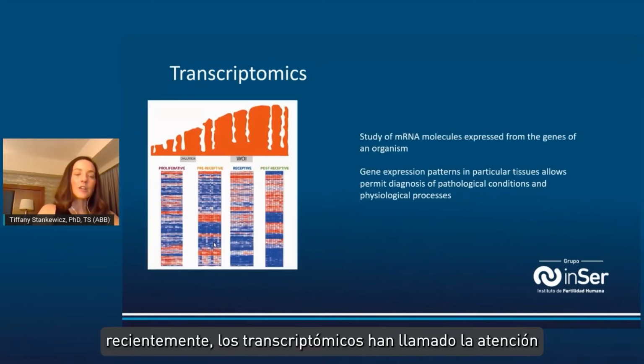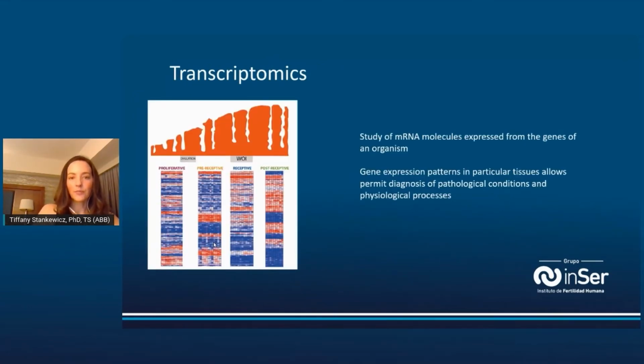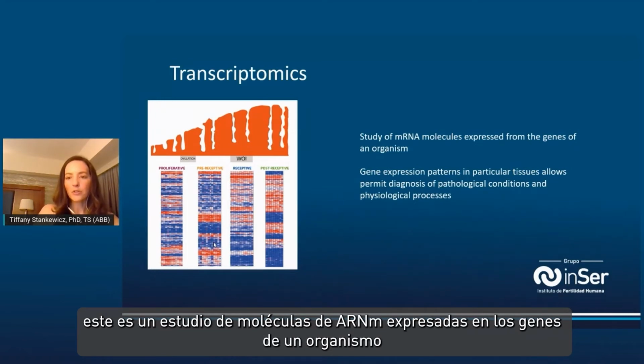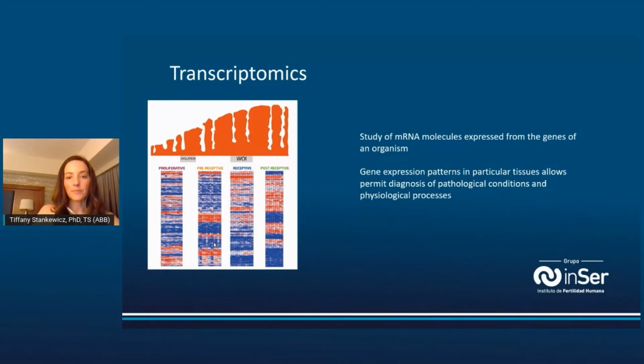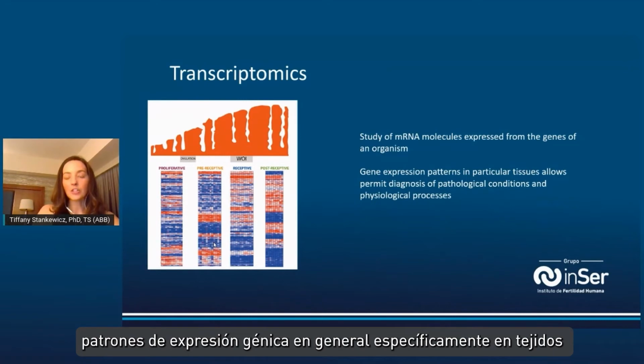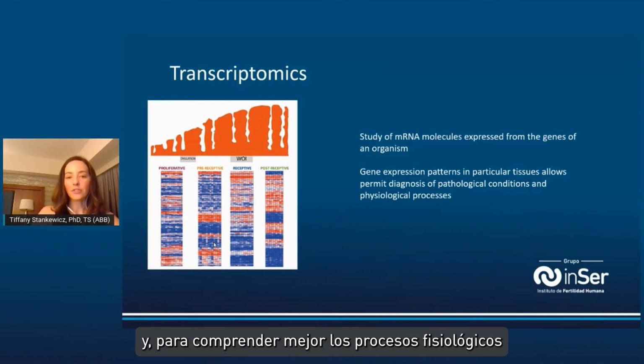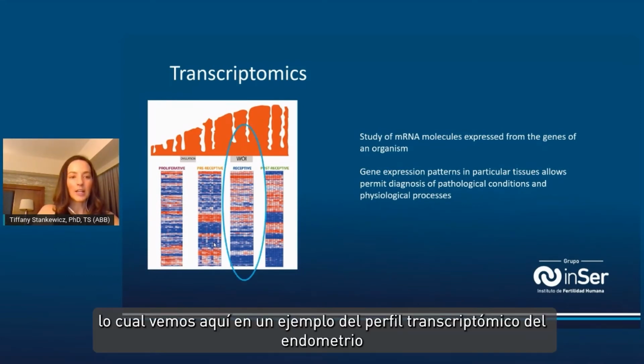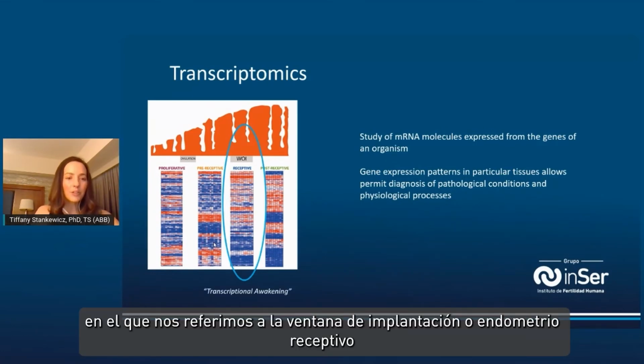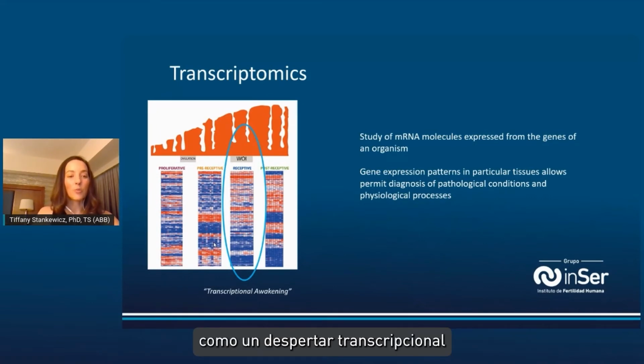More recently, transcriptomics have come to attention. This is the study of mRNA molecules expressed in the genes of an organism. Gene expression patterns in general, specifically in tissues, allow us to diagnose pathological conditions such as cancers, and also to understand physiological processes better, which we see here, an example of the transcriptomic profile of the endometrium, in which we refer to the window of implantation or receptive endometrium as a transcriptional awakening.